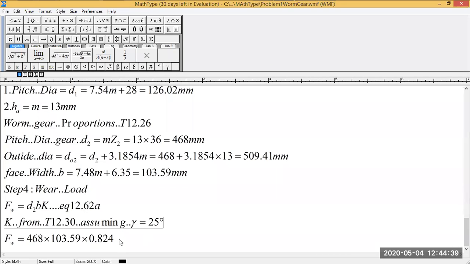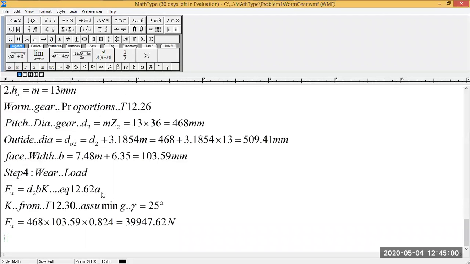This is the helix angle. So this comes down to 468 into 103.59 into 0.824, which is 39947.62 newtons. This is not required, but still we are following the steps stepwise. Not asked; we do it when it's asked.